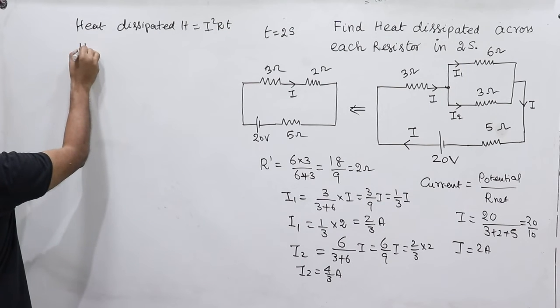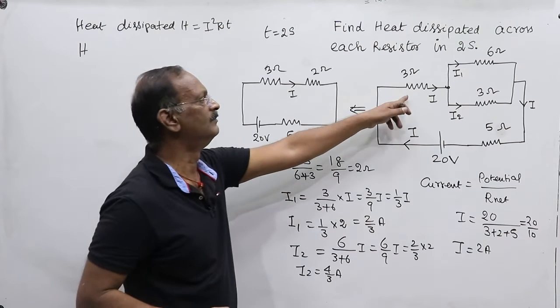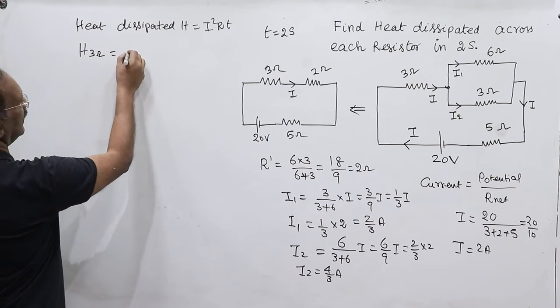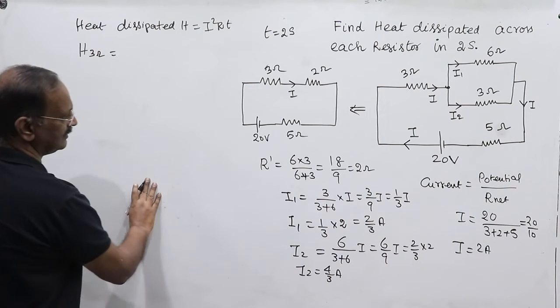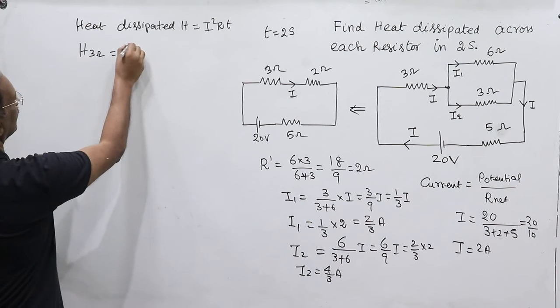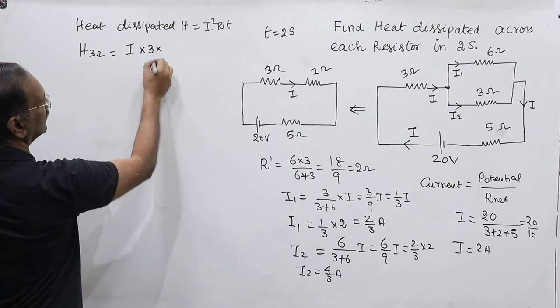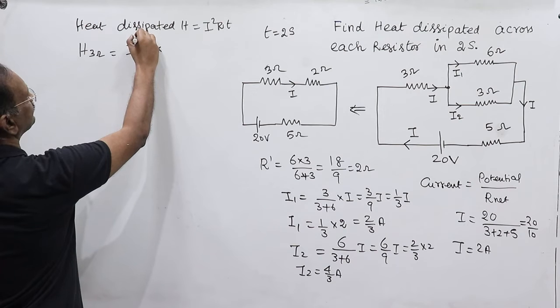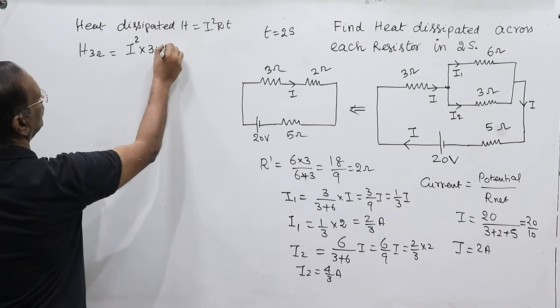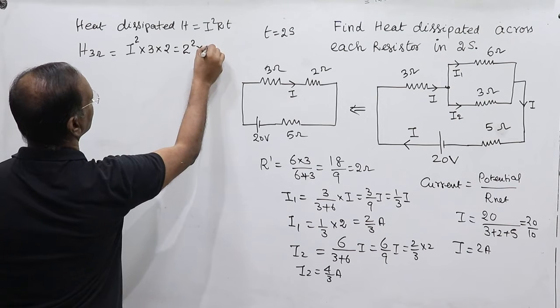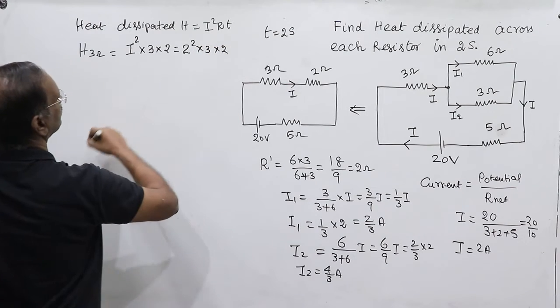So heat in this 3 ohm resistor is equal to the current through it, which is I, into I square R into T. So I square is 2 square, into 3, into 2.